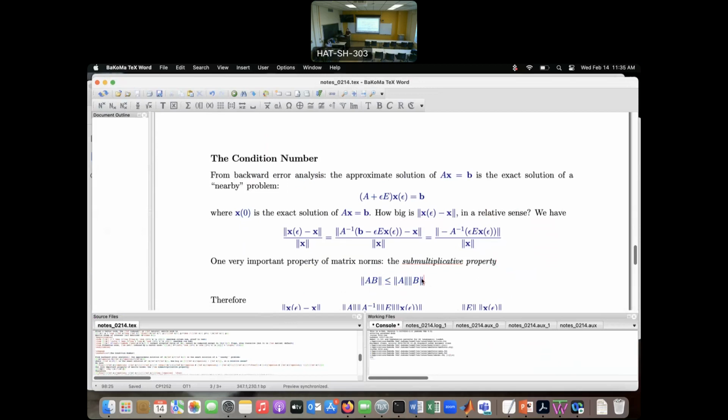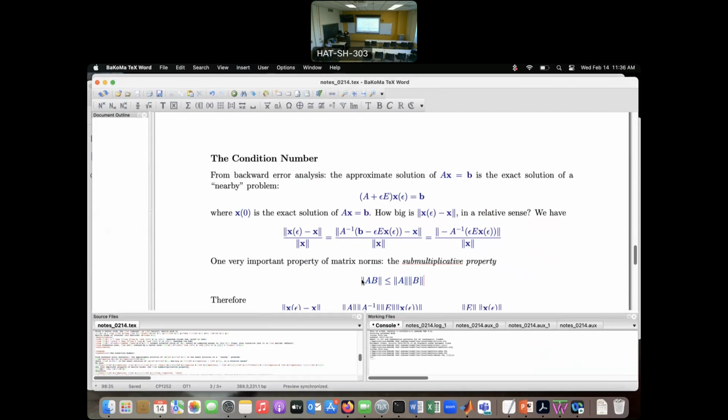But even if you don't include it in the definition, generally the matrix norms that we deal with, like all the p-norms and the Frobenius norm, do satisfy this property. In fact, if you were going to ask me whether there is a matrix norm that doesn't satisfy the submultiplicative property, I'd say I have not heard of one, but I guess it could exist. But why would anyone want to use it?